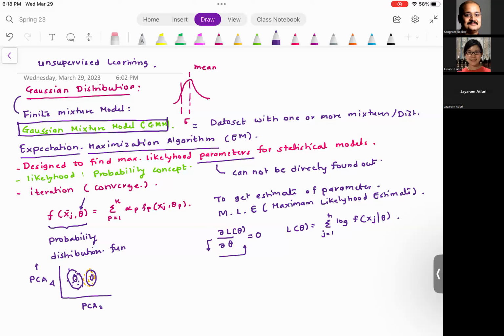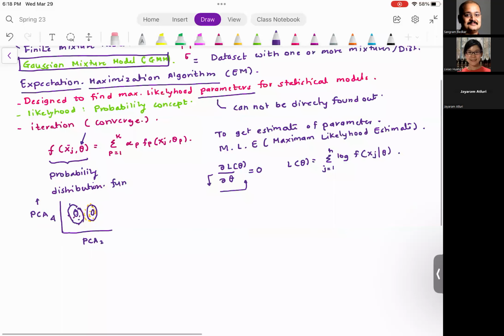Now, the next thing which I want to talk about is supervised learning. In supervised learning, you have labels. So basically, you know for a fact whether this data belongs to cat or this data belongs to dog.